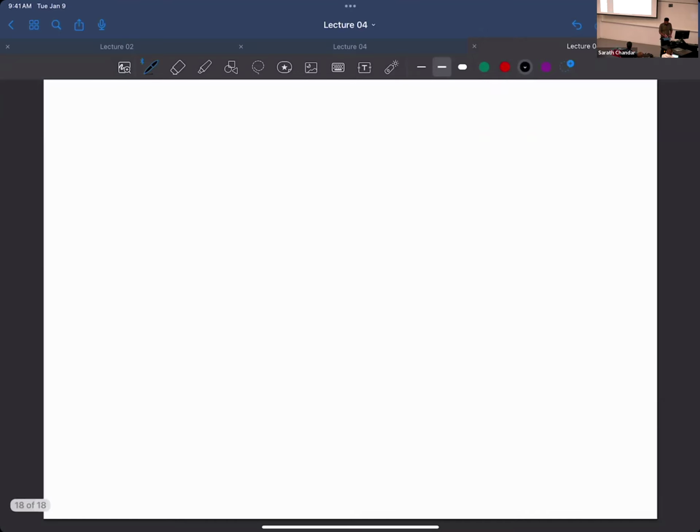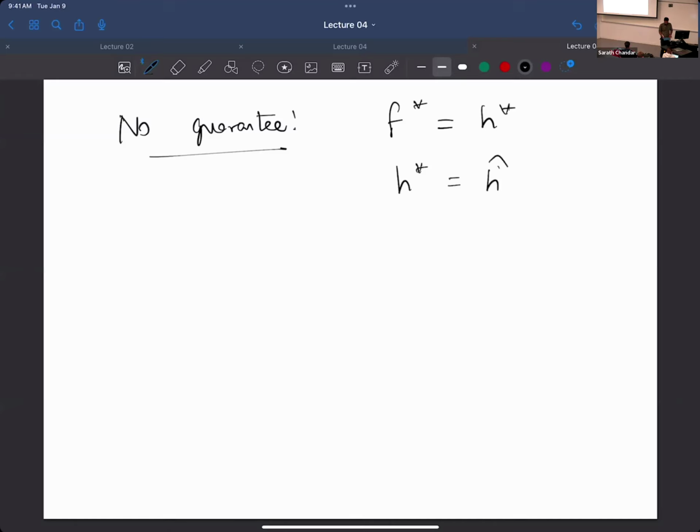So there's no guarantee for f star to be equal to h star, or even h star to be equal to h hat. Is that clear?